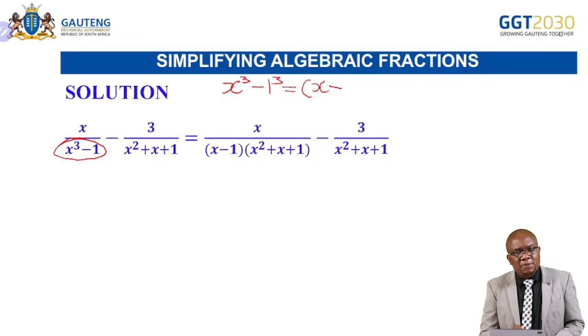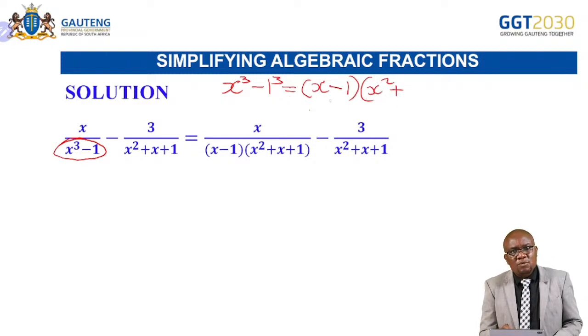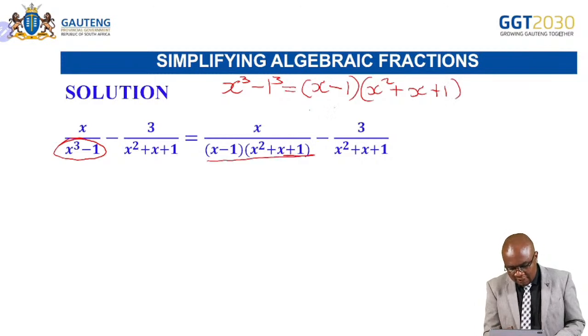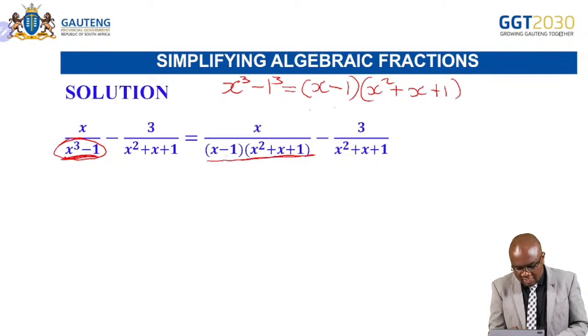Cube root of 1 cubed, 1. We're done with the first bracket. Second bracket: x squared, we multiply x and 1, change sign before that, x. Always positive, and then we square 1, 1. You see, that's how we got this part here. This is factorized to this.